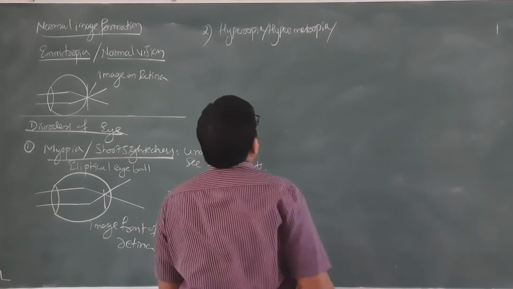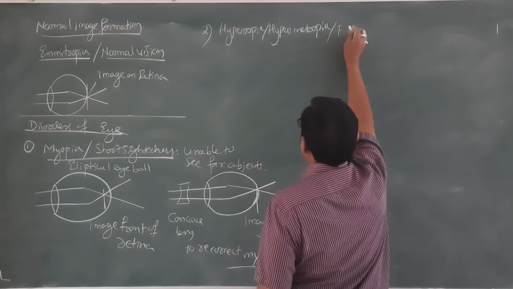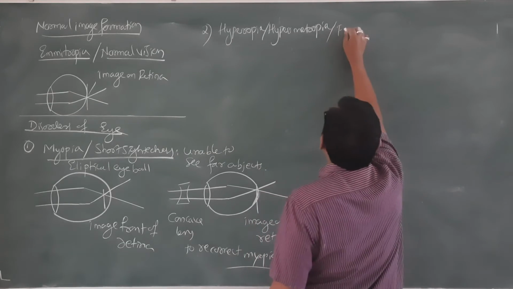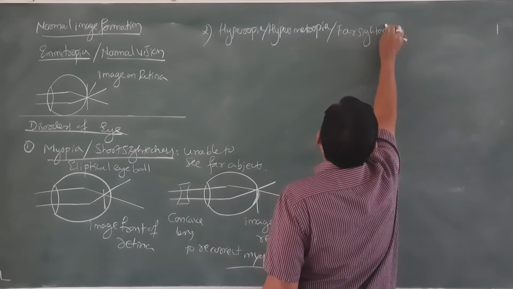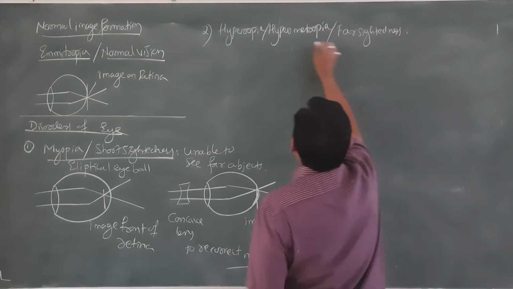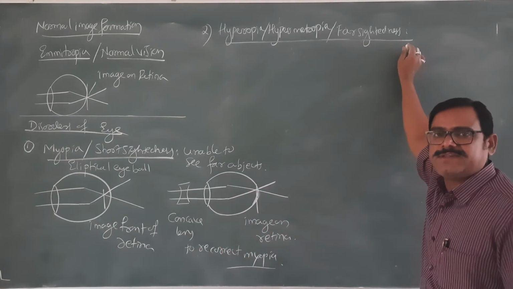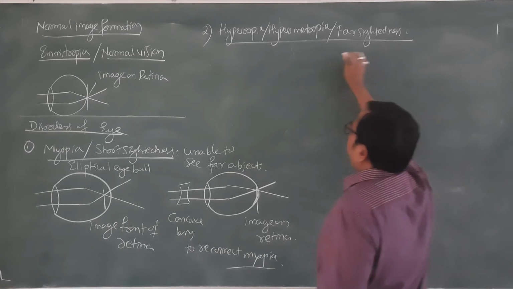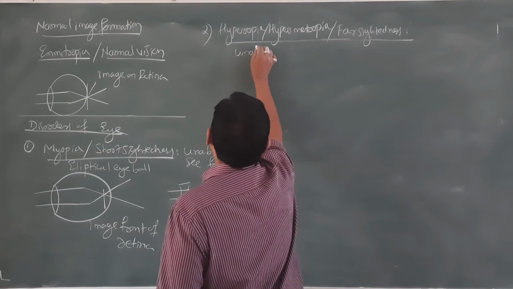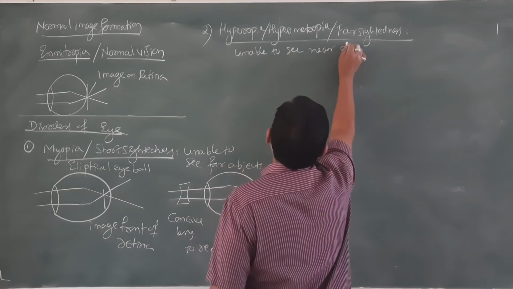It is also known as mainly farsightedness. Earlier it was short-sightedness, now it is farsightedness. The person is able to see objects at a long distance but unable to see objects at a near distance. So yes, unable to see near objects.